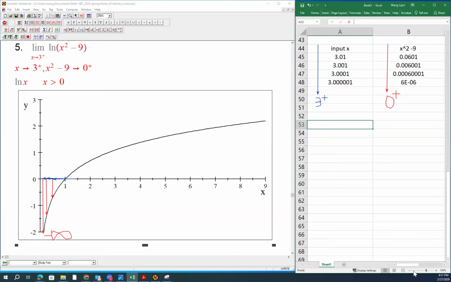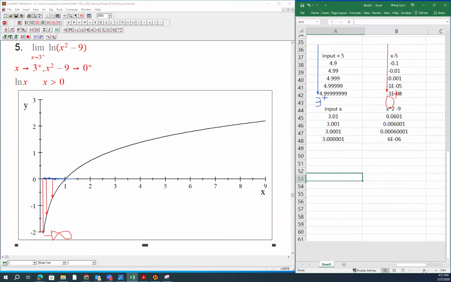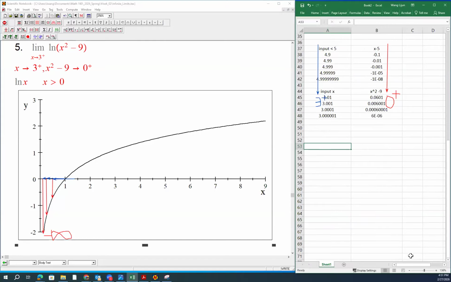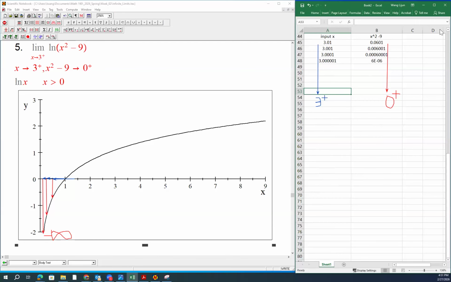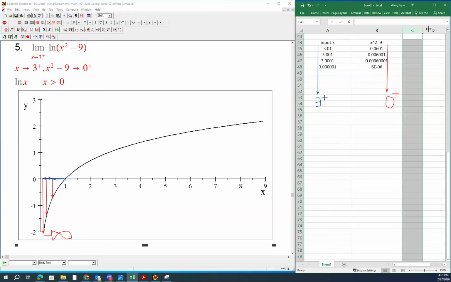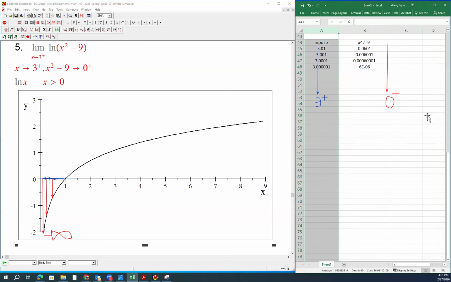Let me make it a little bit smaller. And the next column we're going to make.